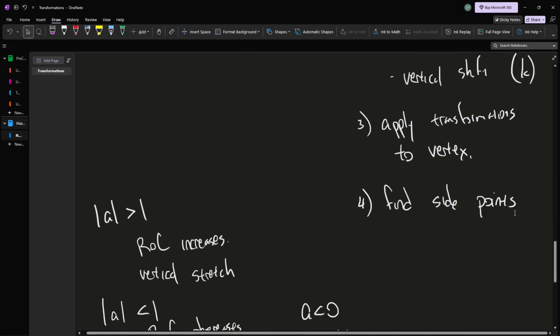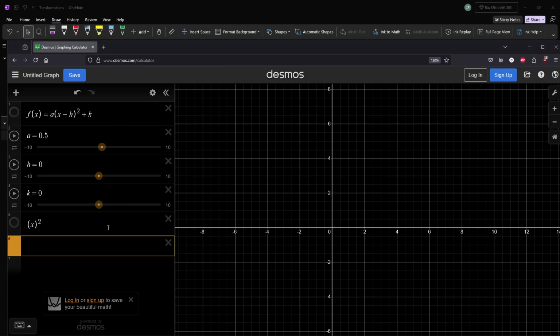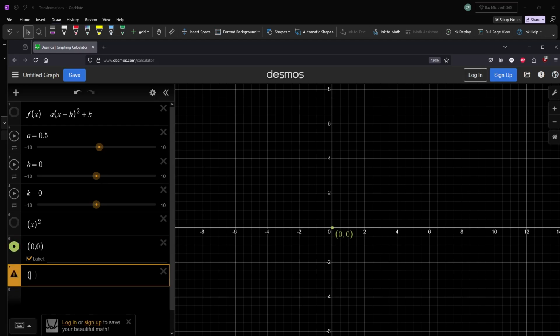Now I apply my transformations to my vertex. So my vertex at 0, 0. I want to compress this down vertically. So I'm bringing it closer to 0. If I squeeze from up top and down bottom, nothing happens at all. It just stays at 0, 0. But I know my graph must look different. So I'm squeezing it and nothing happens to this point. So now let's actually find my next point.